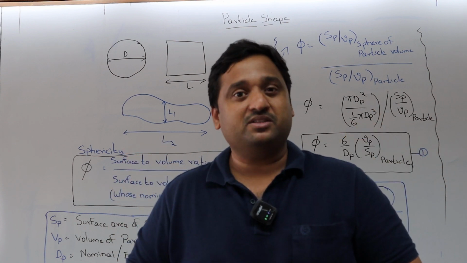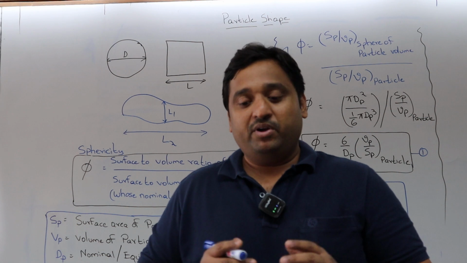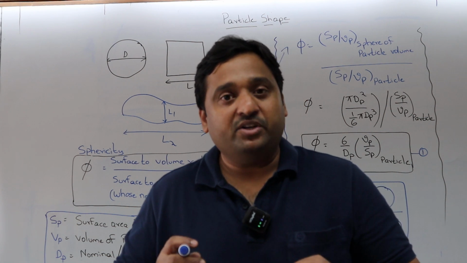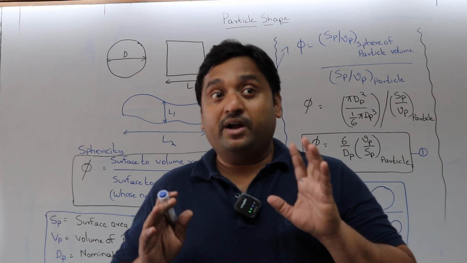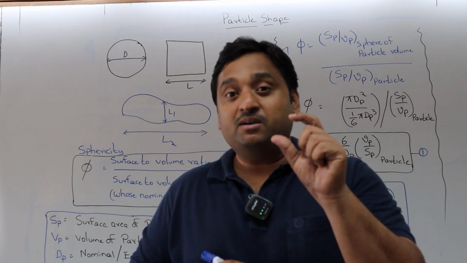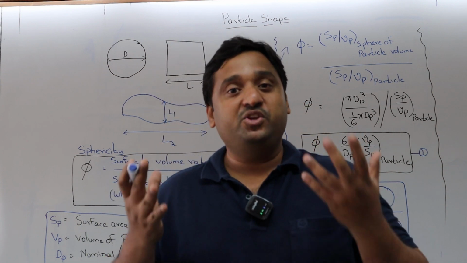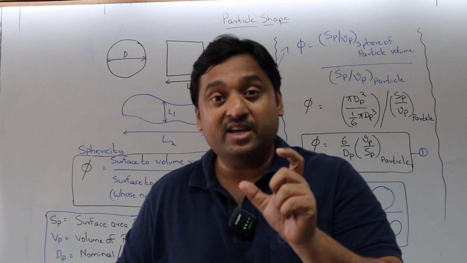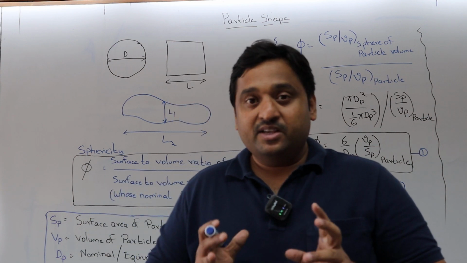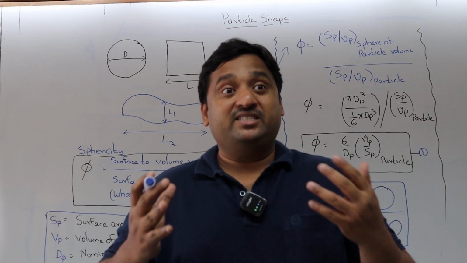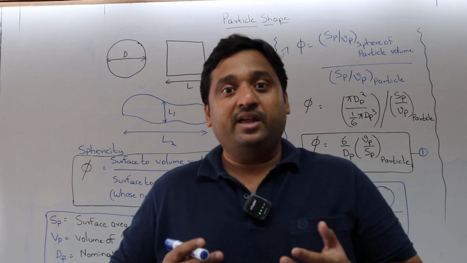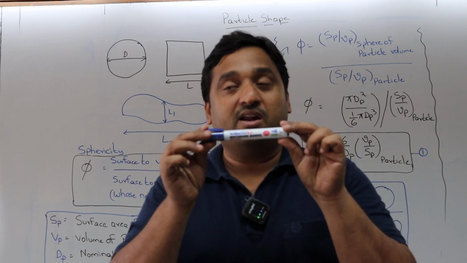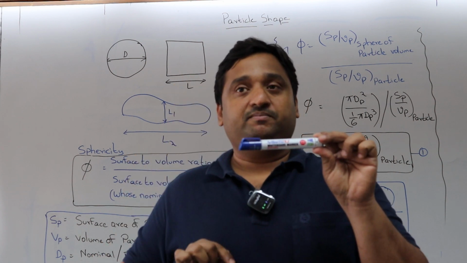In mechanical unit operations, to define a shape, a term which people normally use is called sphericity. Sphericity means we are always comparing the shape of this marker with that of a sphere.